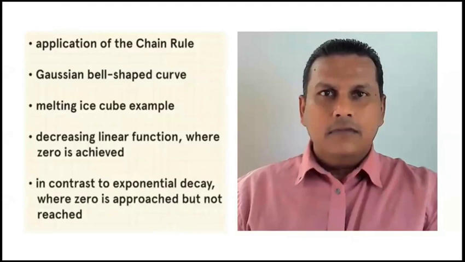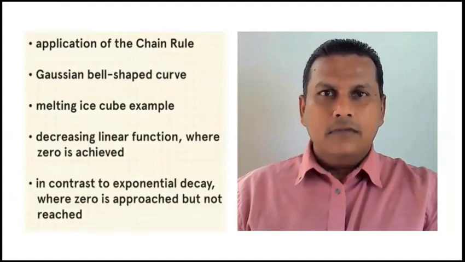The first looked at the Gaussian bell-shaped curve that is related to the probability distribution used in statistics, and the chain rule helped us in finding the derivative of the associated function. In a future video, I will go further with this example to find and analyze the second derivative. But to achieve this, we'll need the product rule, which will be in the next video.